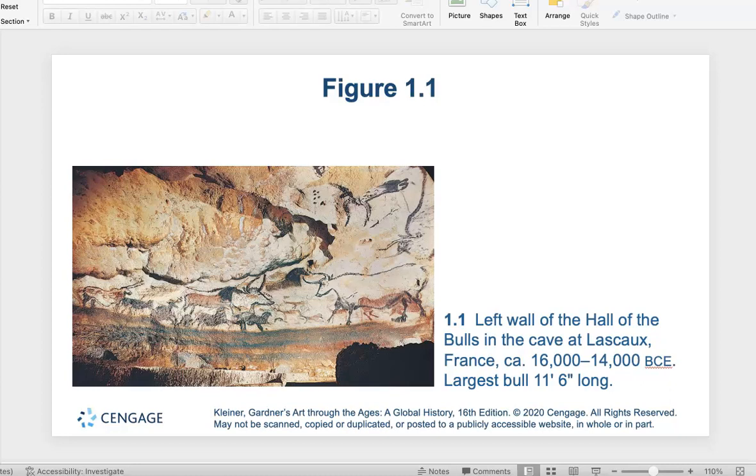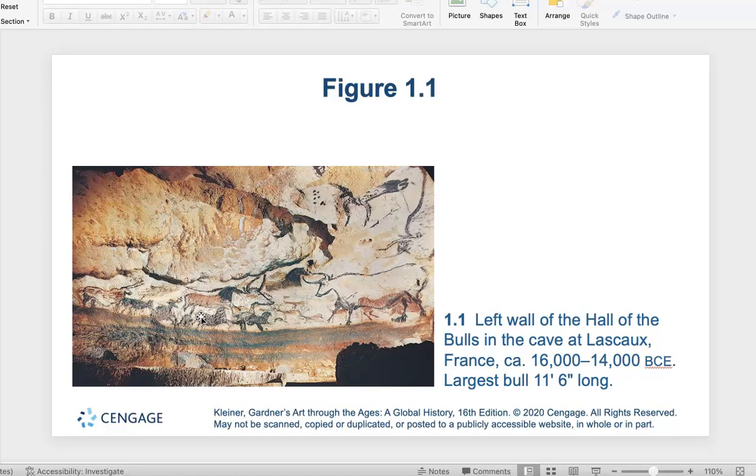They might have had some kind of belief system where possibly these animals that you see in the caves, and some others that we're going to see in other slides that I'm going to show you, were considered to be deities by the prehistoric people. Or maybe they were considered representations.